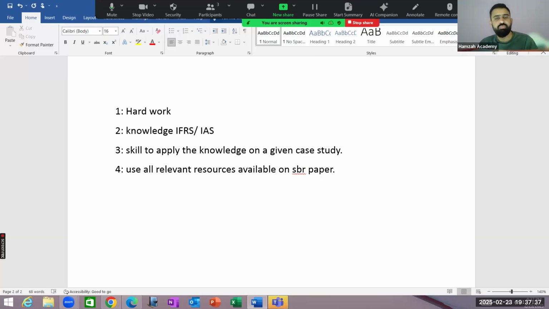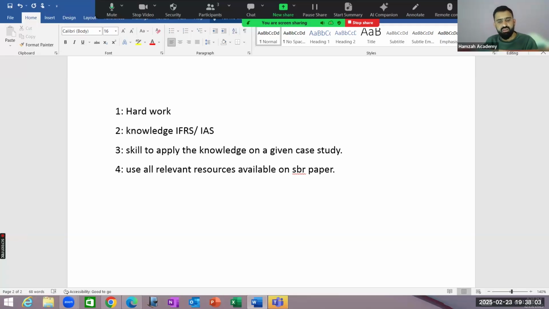Like you have past exam papers on the ACCA website, you have examiner reports, you have technical articles, you have ACCA Study Hub. Try to use every resource available on your relevant paper. As here we're discussing SBR, try to use every resource to pass your SBR exam.